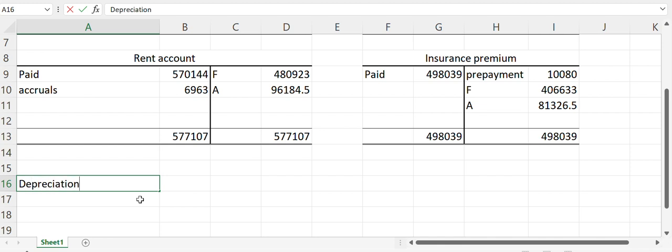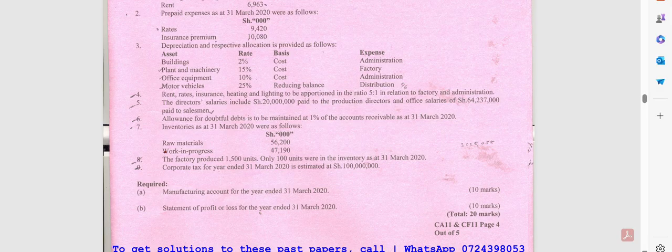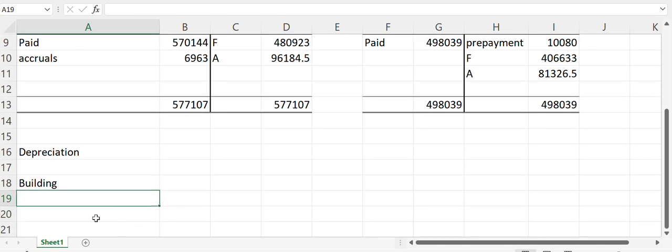So depreciation, remember, even for depreciation they told us about apportioning. So the first one is building. So for building, let us calculate depreciation for the year.